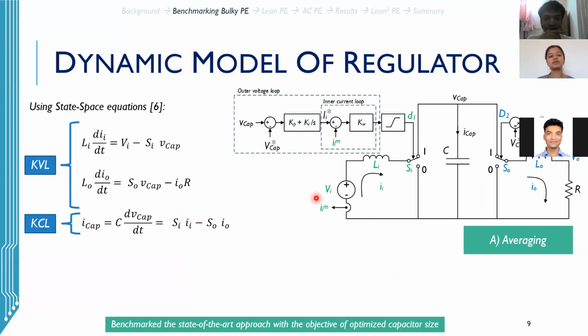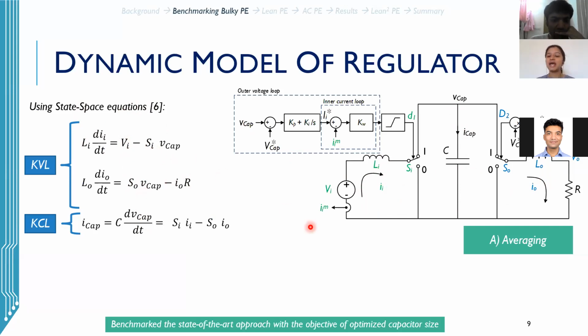So we started with developing a dynamic model for the regulator by using the state space equations for the state variables. In this case, it is the input current, the output current, and the DC link voltage, which is characterized by these three equations.